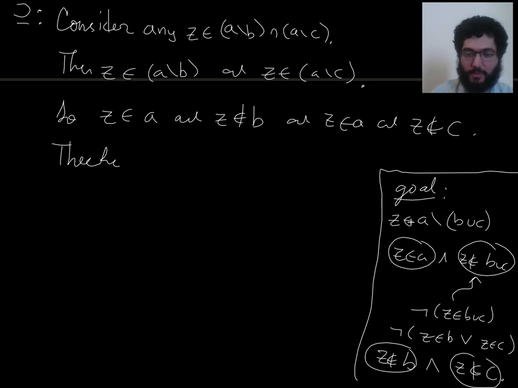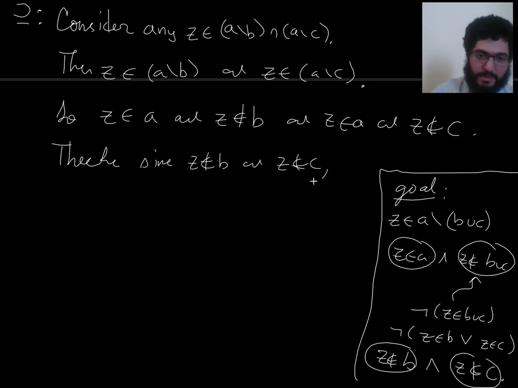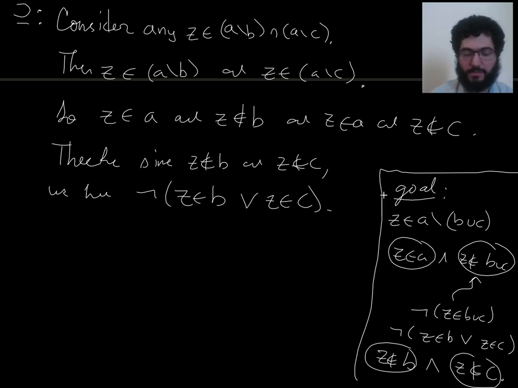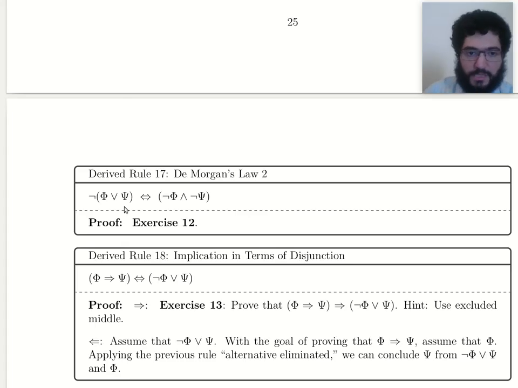So now I just have to work my way back up. Therefore, since z is not in B and z is not in C, we have it's not the case that z is in B or z is in C. So that's using the logical DeMorgan's law. It's using this derived rule here.